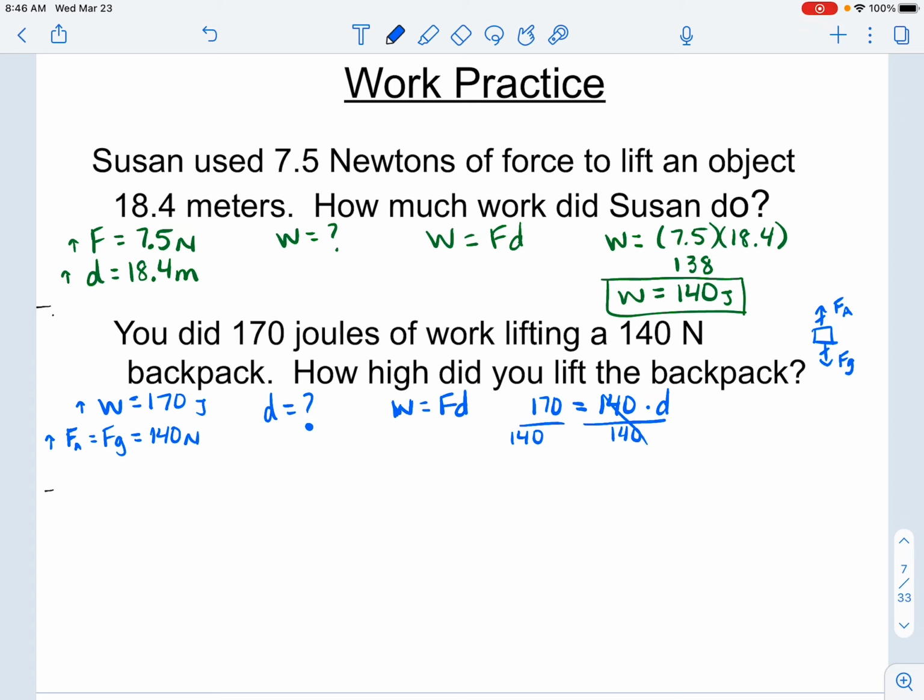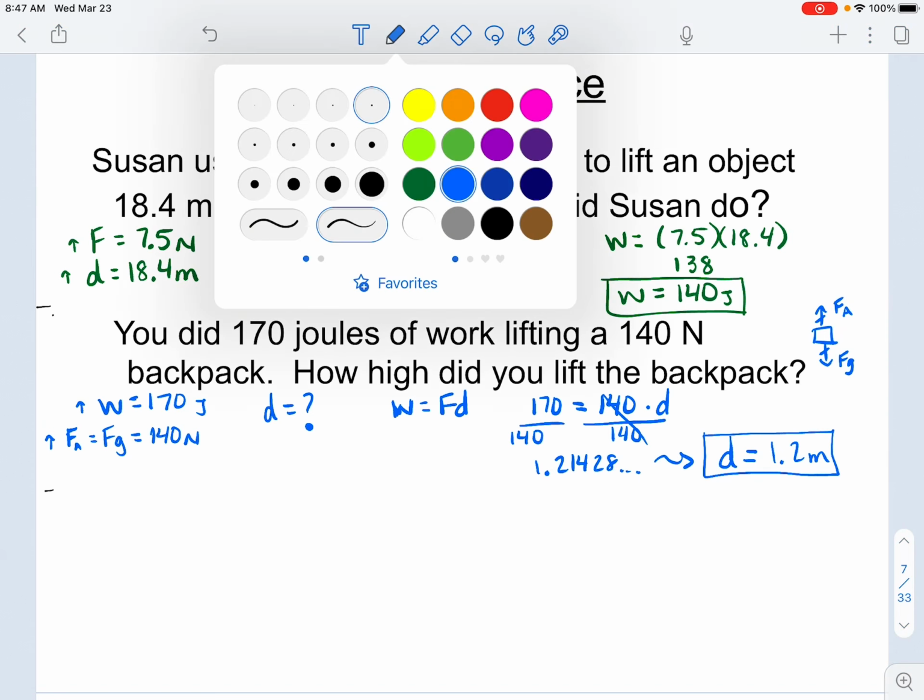Make sure you do the same thing on both sides. So I'm going to get 1.21428, and so we are going to round that for sig figs. So we have 2 sig figs once again, both 170 and 140 only have 2 sig figs in this problem. So we have a vertical displacement of 1.2 meters.